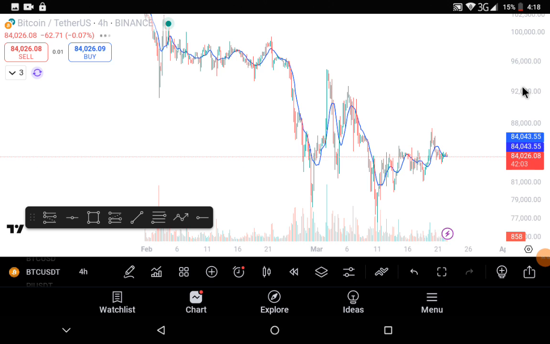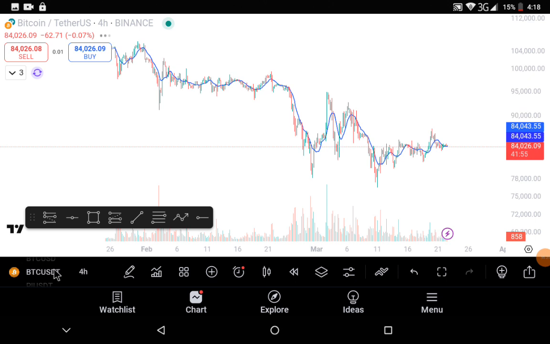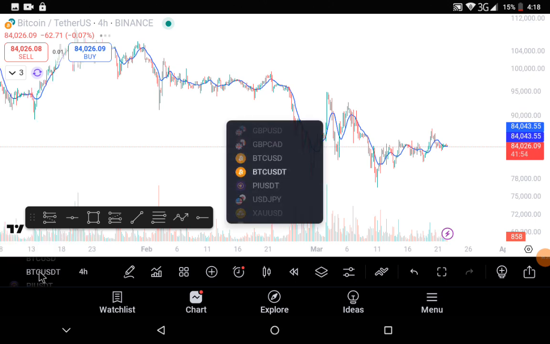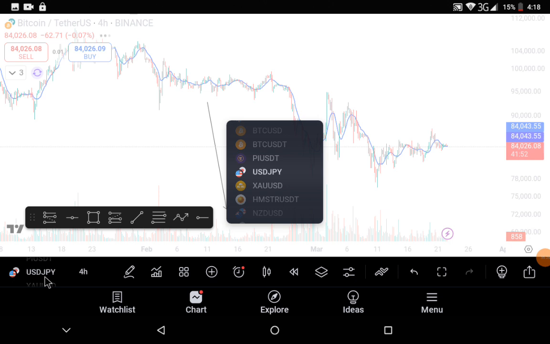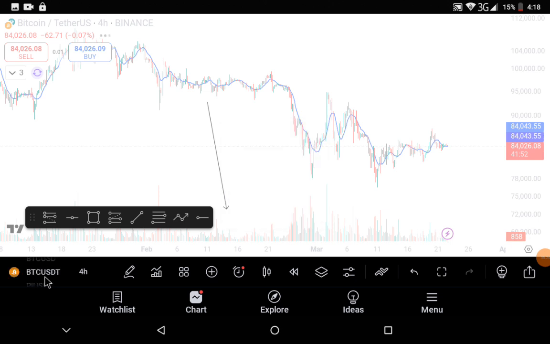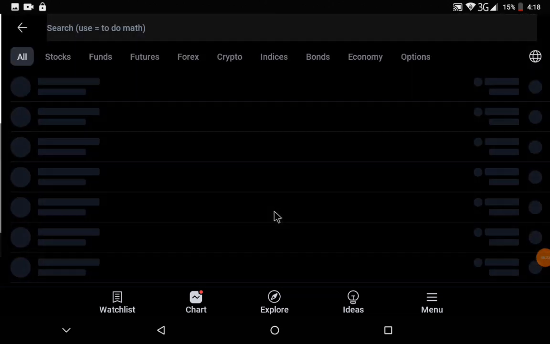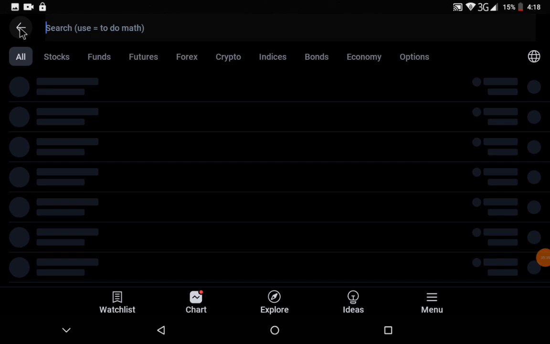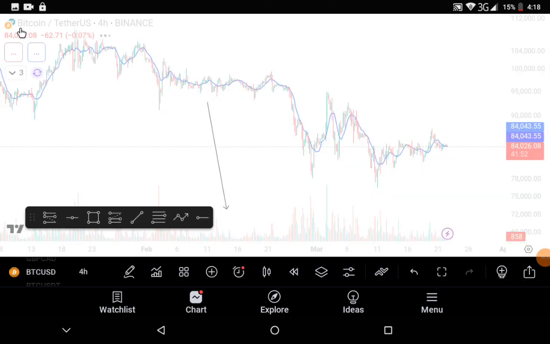Okay, this was the Bitcoin stuff. So let me just allow it to load. Let me go to the weekly time frame. I think it was on the weekly time frame I did the analysis.